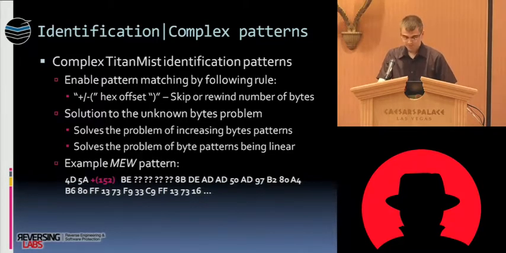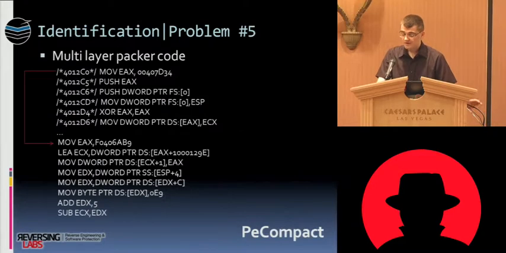Now the next problem is also very interesting, and this is PE Compact. As you see at the entry point of PE Compact, we have the first layer, and the first layer only does the initialization of the structured exception handler, and you have the string that identifies it as PE Compact following this. Now the classical PEID signature, which just matches the entry point, would be way too short.